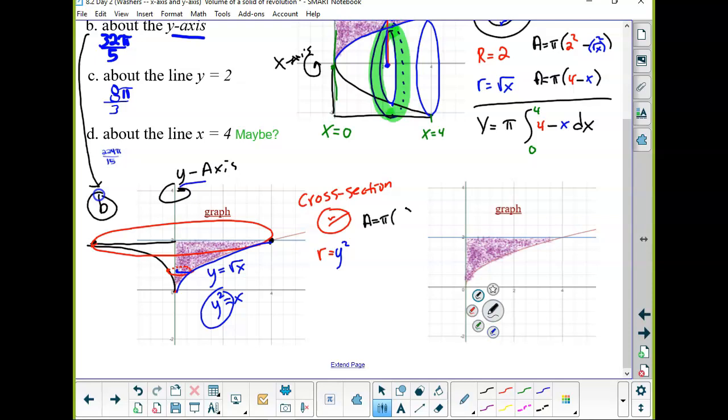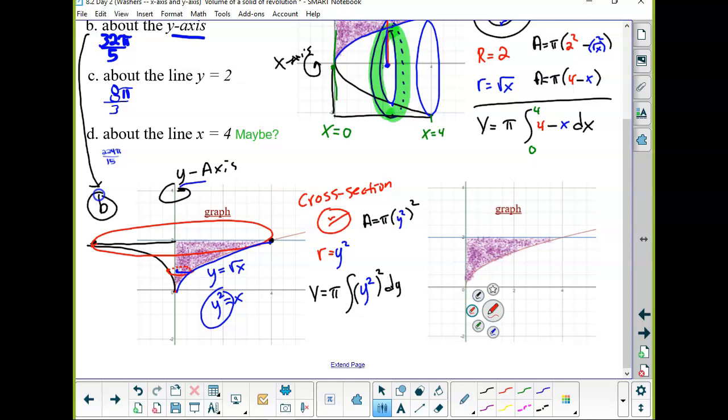And I know that area is pi r squared. So if the radius is y squared, I'm going to square the squared. And the volume would be, I'll just do this. You could write it as y to the 4th if you want. And then what are the bounds?